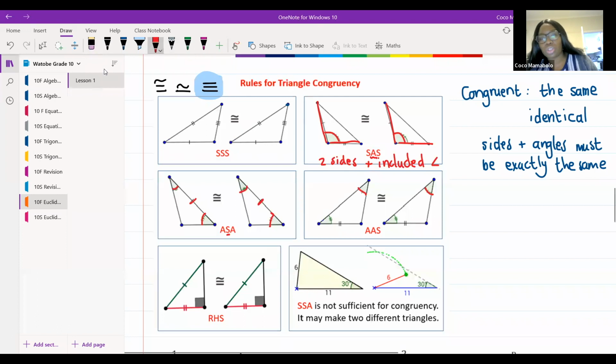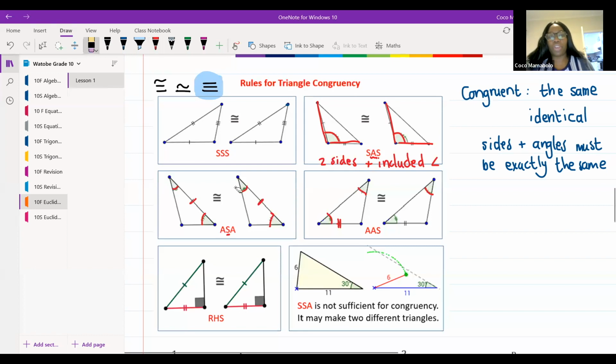So because these 2 angles are equal to each other, both of them are touching the sides that are equal to each other. If this one over here had this side equal, then this would be. Okay. So whichever side the angle is touching needs to be the same in the other triangle as well.